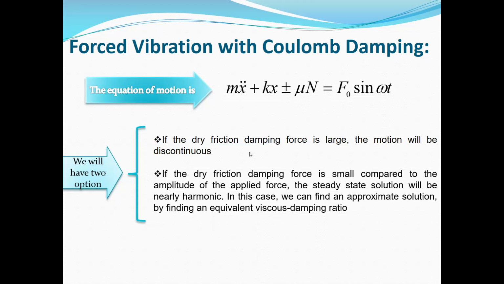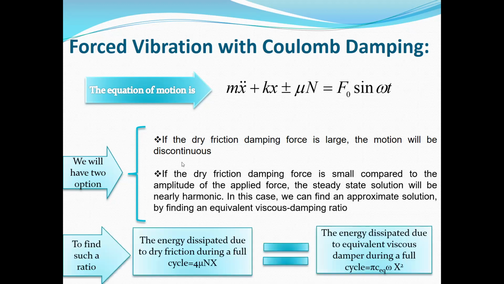For this boundary of mu N, we can use this assumption, and this estimation in the engineering field is acceptable, and we can use this method to find the response of the system. So the second case will be studied here.